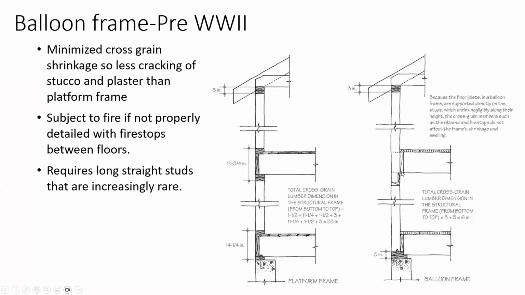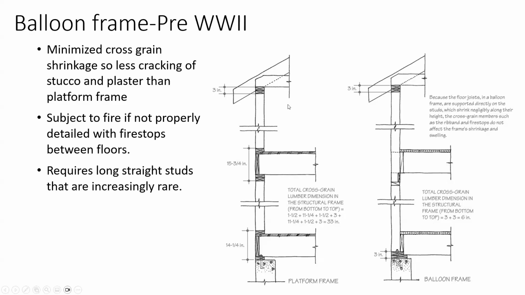And the reason that that was good is that the plaster they used was a lot more prone to cracking than drywall was. And wood shrinks less if it's in the direction that it grew up in the forest, up and down. It shrinks less in that vertical dimension, but it shrinks a lot when you lay it on its side.